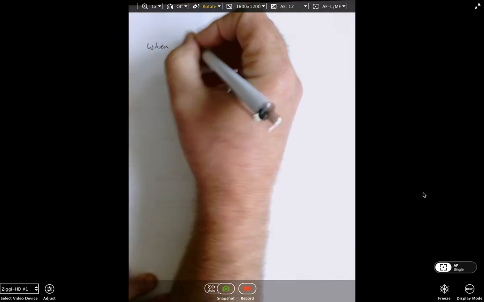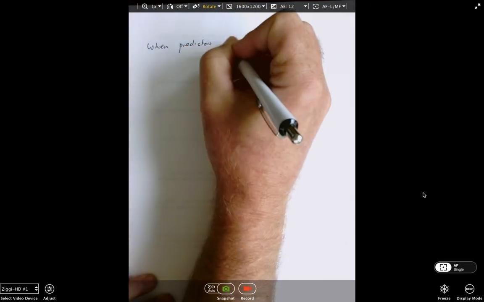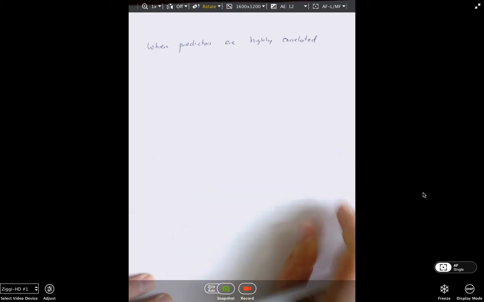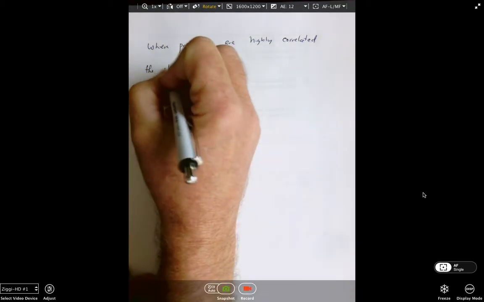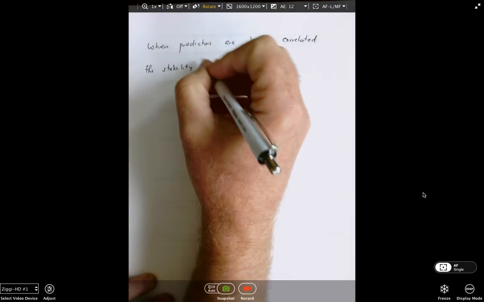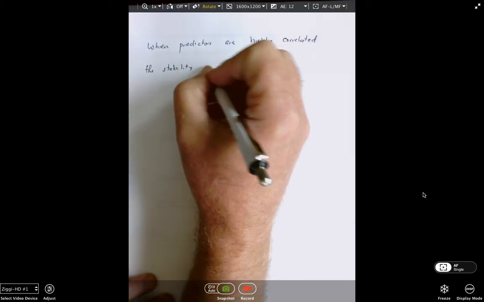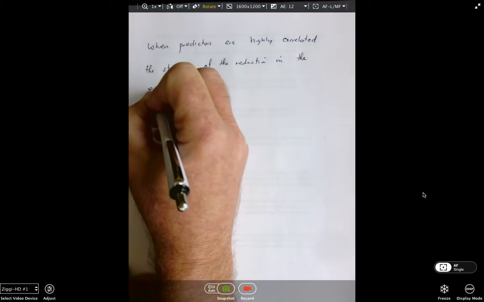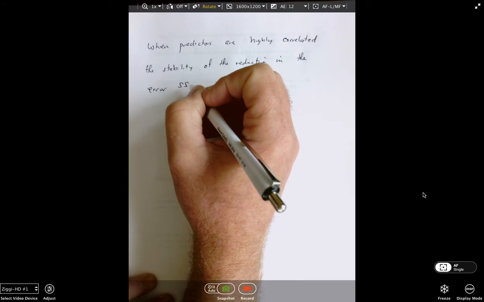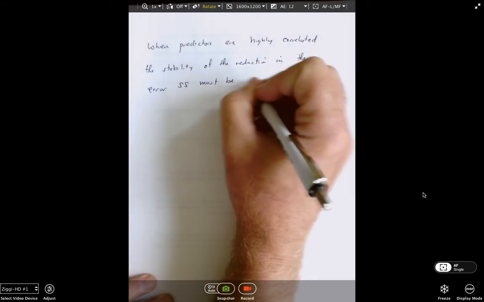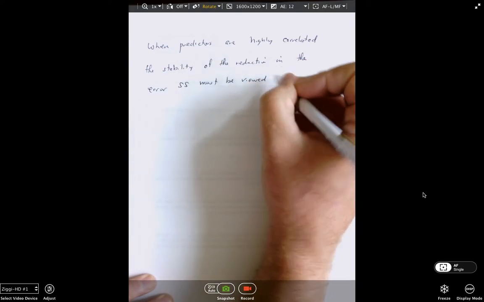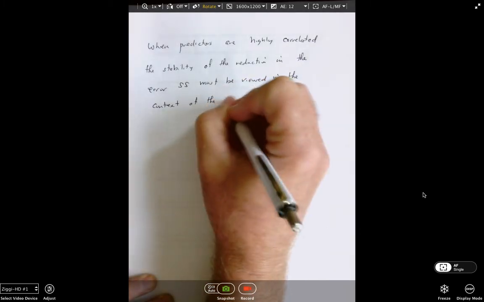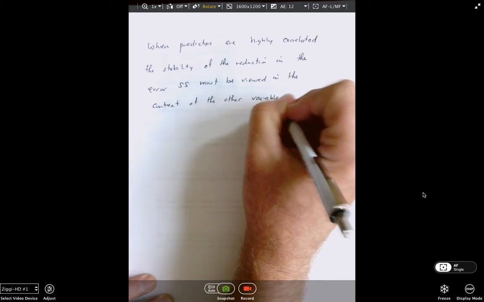We can say that when predictors are highly correlated, the stability of the reduction in the error sum of squares must be viewed in the context of the other variables in the model.